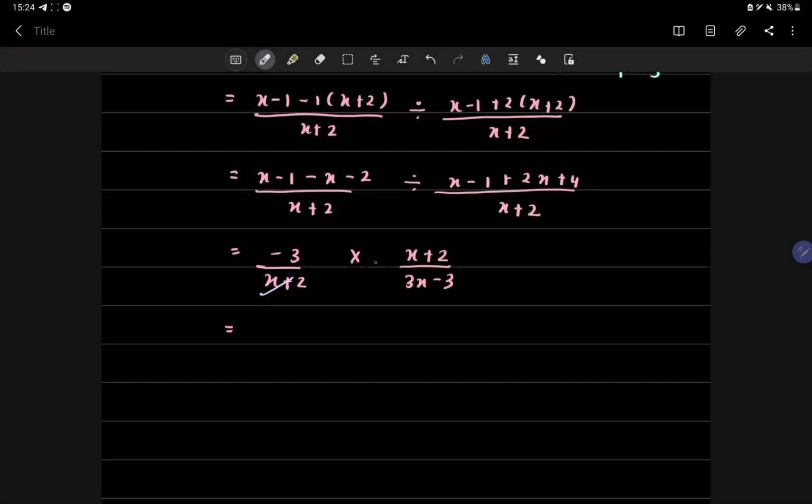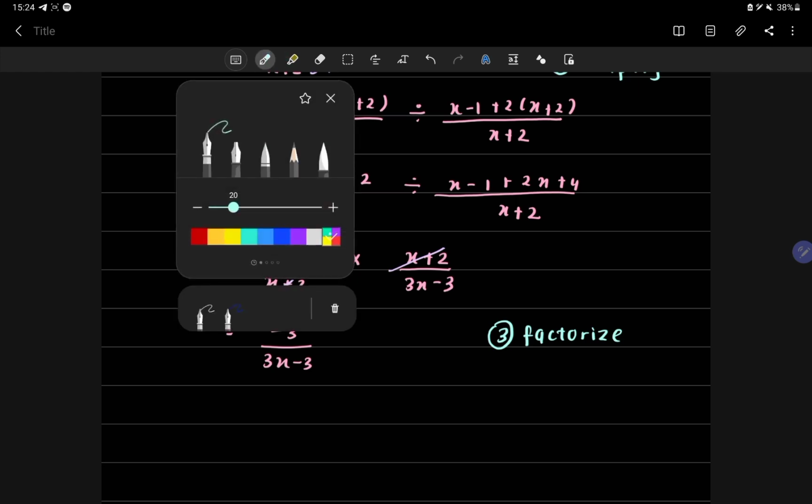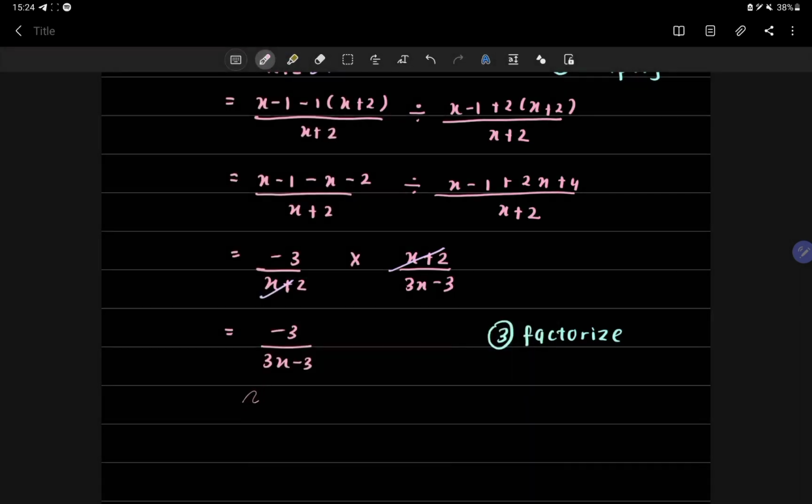Now let's cross out x plus 2, so it becomes negative 3 over (3x plus 3). Now let's move on to our third step, which is factorize. Let's factorize out 3. So our final answer should be negative 1 over (x plus 1). That should be your final answer.